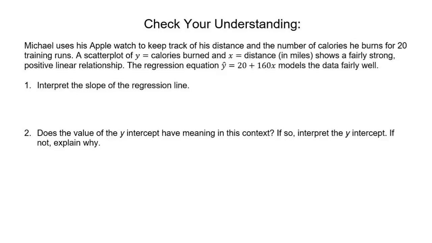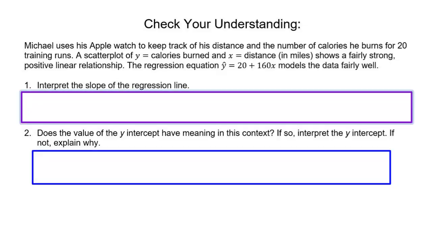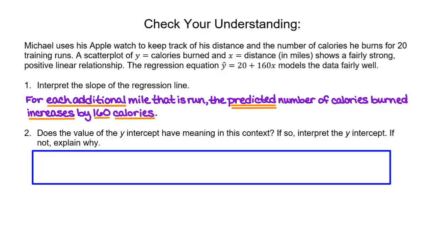So for every one more mile, the predicted calories burned increases by 160 calories. Absolutely. For each additional mile that is run, the predicted number of calories burned increases by 160 calories.